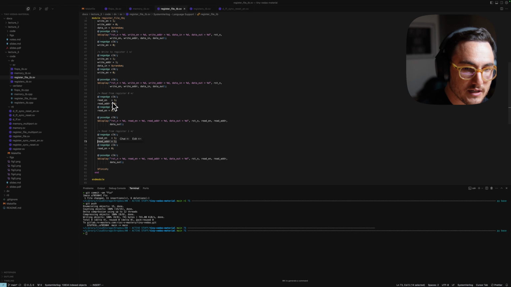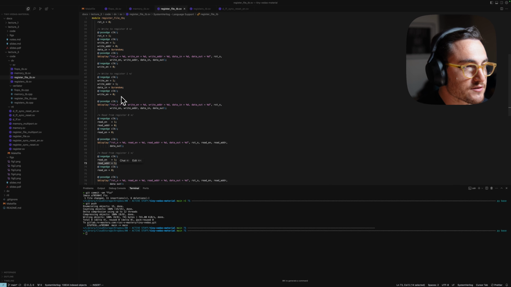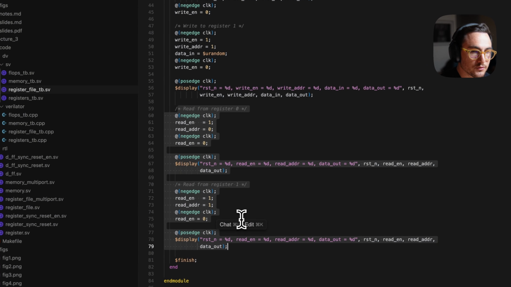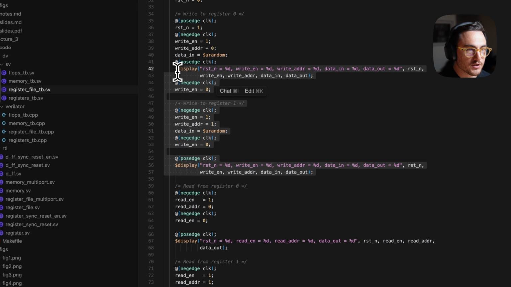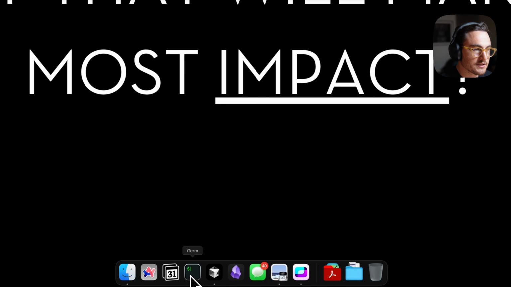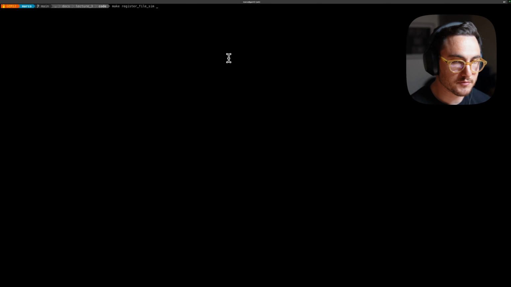So if we run this test bench, what we expect is to read here in these 2 read transactions what we wrote here. And we're gonna see this on the terminal because it's a lot easier than to look at the waveforms. Let's do a make register file sim from our code base.